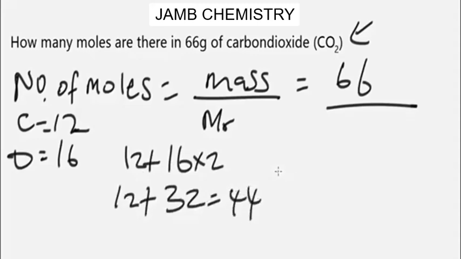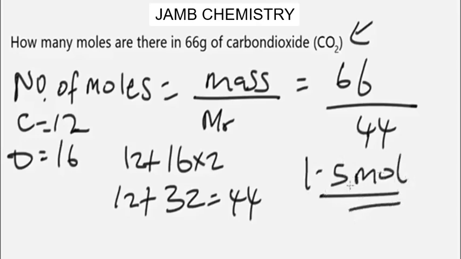So we have 66 over 44. When you punch it on the calculator, we have 1.5 mole. That will be the answer to this question. It's as simple as that, guys.